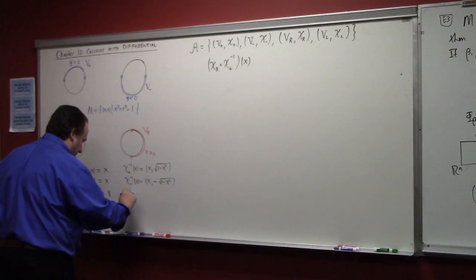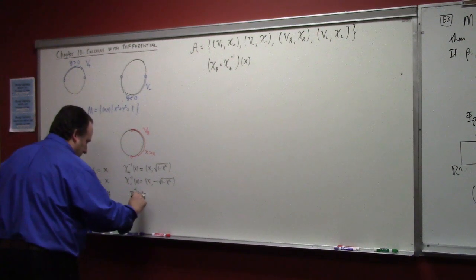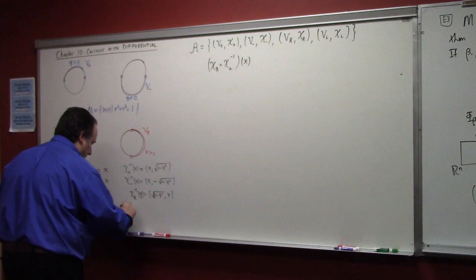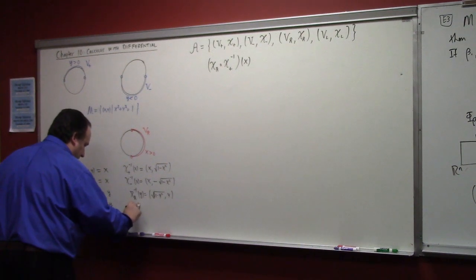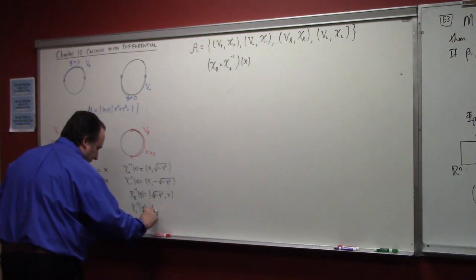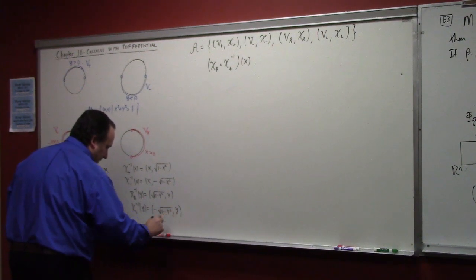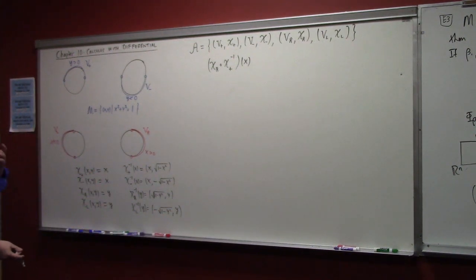This one down here, chi R inverse, is exactly the square root of 1 minus y squared comma y, and chi L inverse of y is minus the square root of 1 minus y squared comma y. Right, okay. So there's the mappings and their inverses. Great.